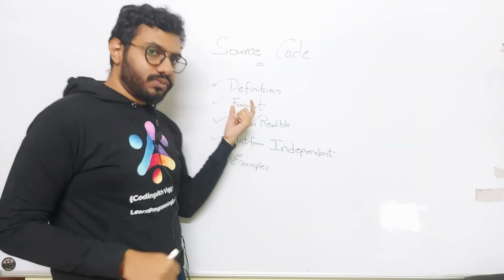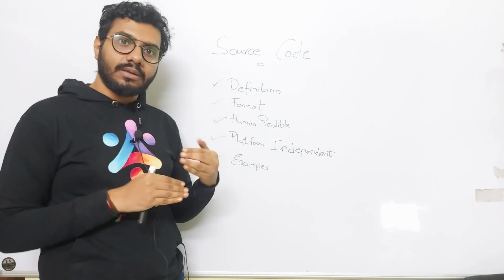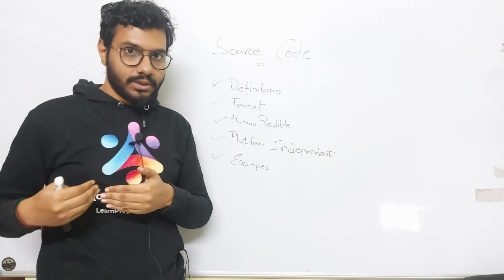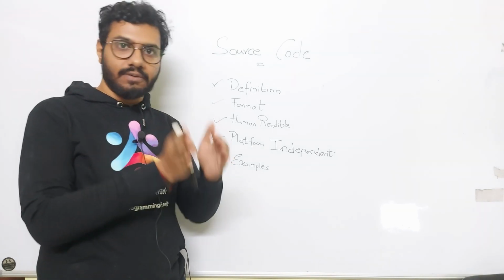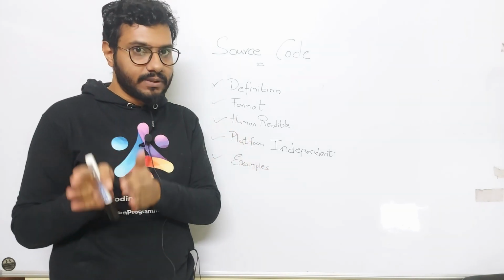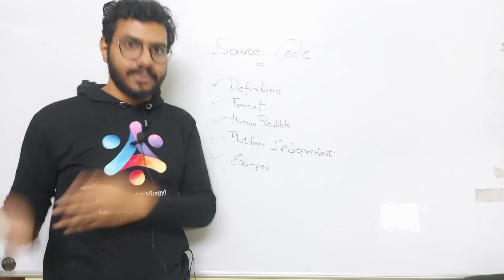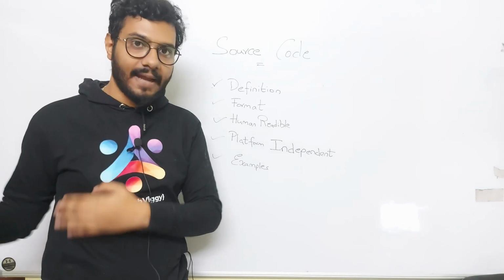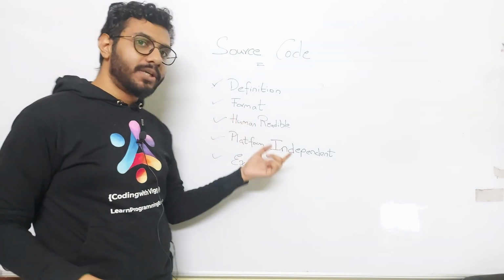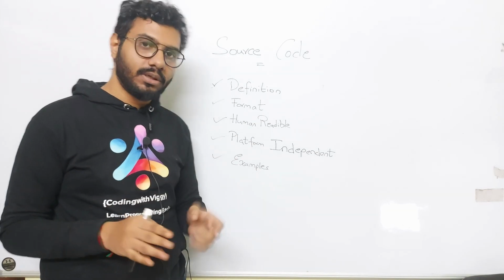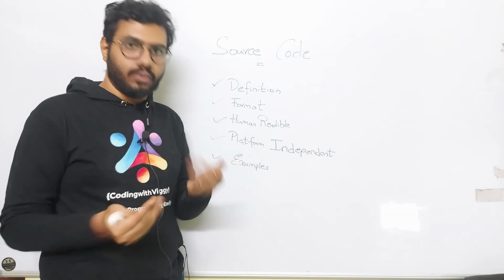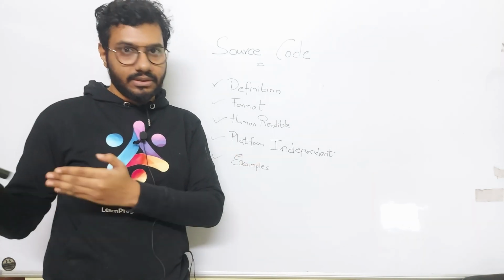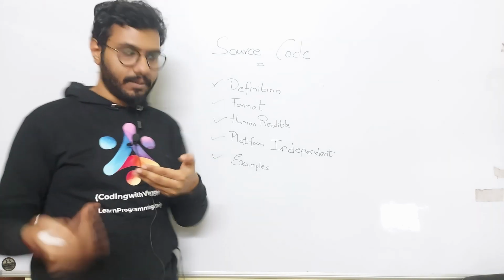Format can be in the form of syntax, keywords, conventions, specific to the language. Java has its own syntax, C++ its own syntax, Python its own syntax. Yes, it is human readable, and we can read hash include stdio.h in C, public static void main in Java, as programmers.